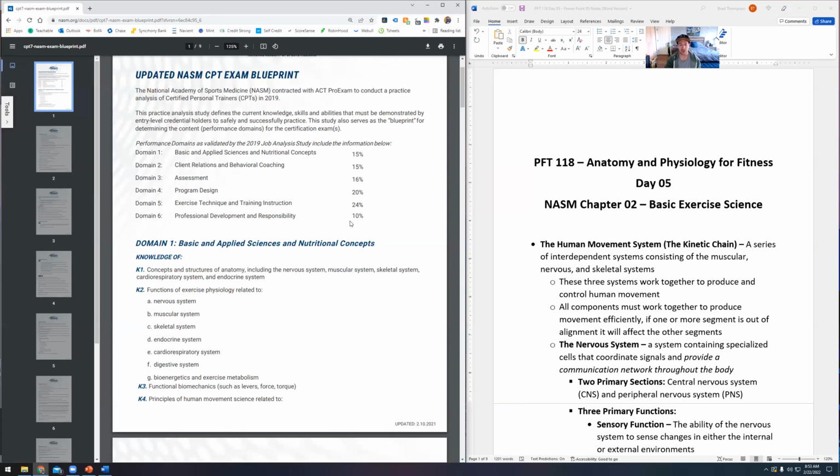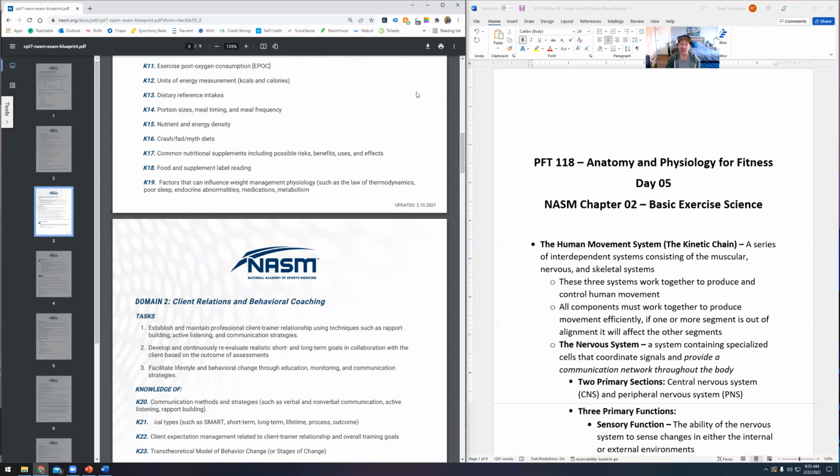And then there is the professional development stuff, which, fun fact, is not all in your textbook. Arlene, we just had a conversation about this the other day. There are a couple questions. Every question on your test will come directly from your textbook, except for 1 or 2 questions, which are found in NASM's handbook.